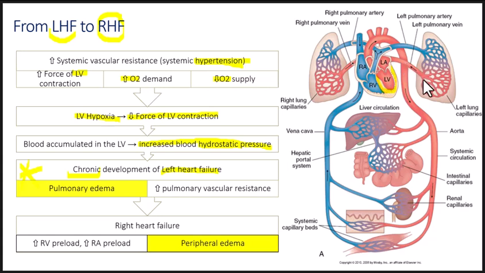It's going in the wrong direction. Now it's backing up into the lungs. And it increases the pressure within the vessels so much that, just like what we spoke about with peripheral edema, the volume within the vessels spills out into the lung tissue, causing pulmonary edema, which is fluid within lung tissue where it's not supposed to be.